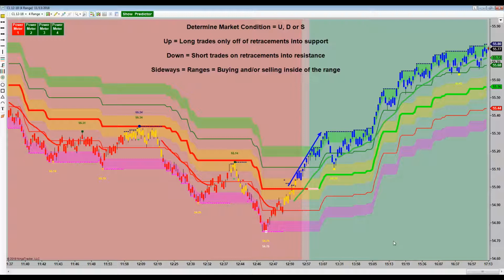Most prominently, the background color changes to green, and the bars are predominantly blue. The mid band, this thick, chunky middle band here, will take an upward turn, and all the surrounding bands around it.